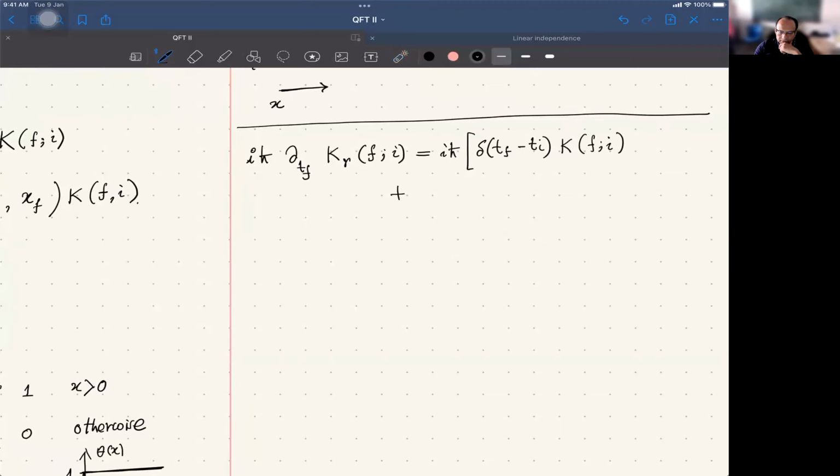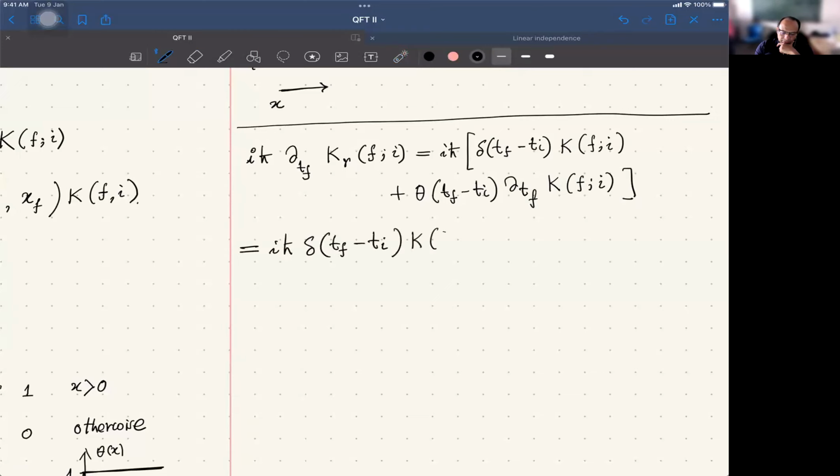The second term is the theta function, theta of t_f minus t_i, times del/del t_f of K.